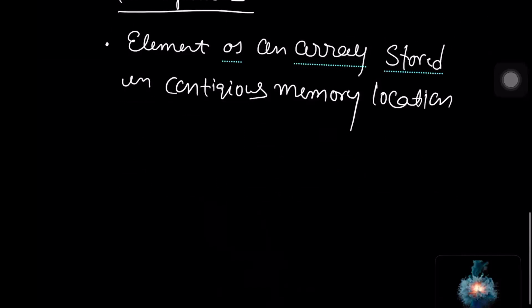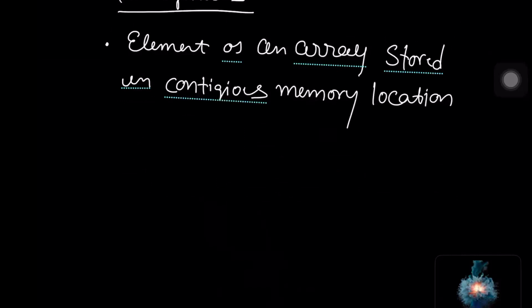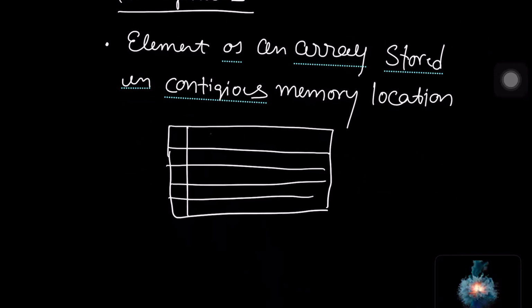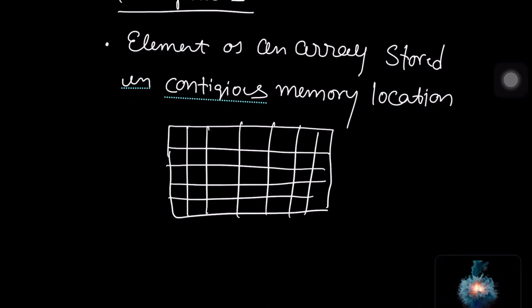What it means, let's assume in memory, let's assume this is a memory. Okay. And you declared an array with size of 3. So how will it take memory here?